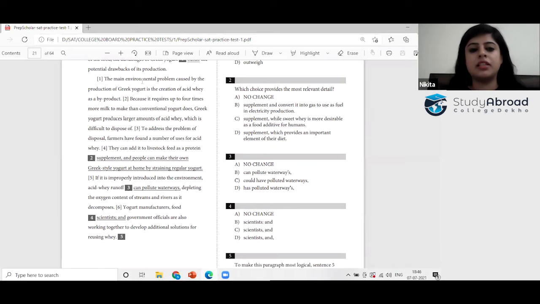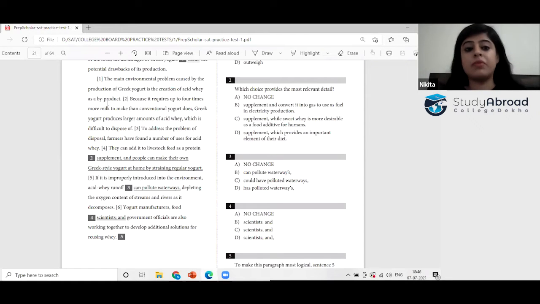It says, the main environmental problem caused by the production of Greek yogurt is the creation of acid whey as a byproduct. Now, in the previous paragraph, they set the talk that it is causing some problems. In the second paragraph, they start by telling what the problem is: the creation of acid whey as a byproduct.